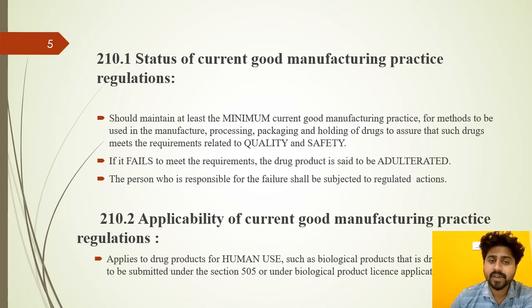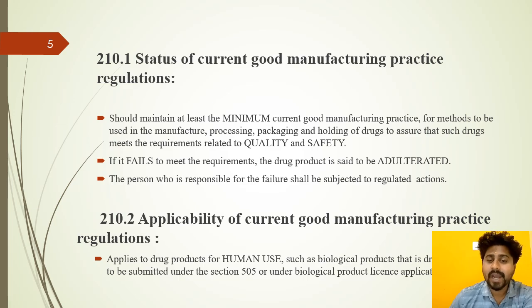1. Status of current good manufacturing practice regulations. Here minimum current good manufacturing practice should be maintained for the methods used in the manufacturing, processing, packing and holding of drugs, to assure that such drug meets the requirements related to quality and safety. If it fails, then the drug product is said to be adulterated. The person who is responsible for the failure shall be subjected to regulatory actions.